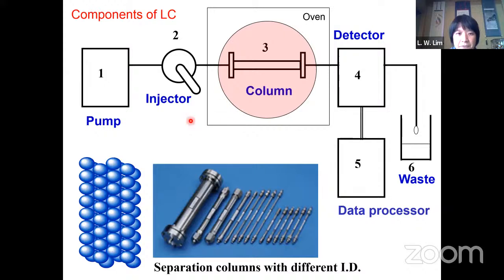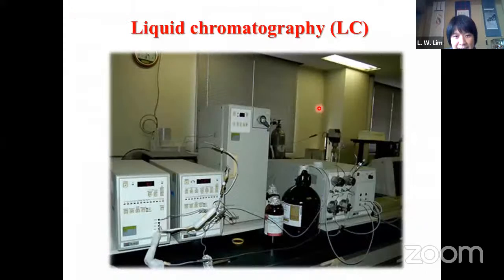The standard injector size is about 10 microliter for a conventional column like this, with 4.6 mm diameter and 30 centimeter length. And then the column oven. If you look at these photos, this big one is the column oven. Usually the column is placed vertical, like this.